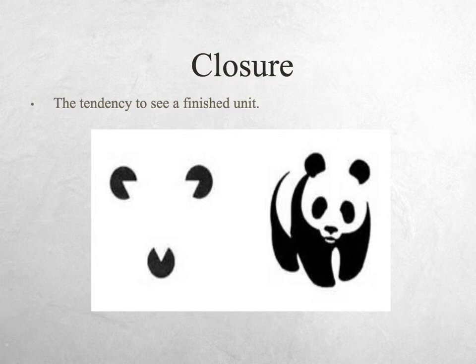Closure. It's a tendency to see a finished unit. So we look at this and we see it. What do you see? I should ask you before I just go ahead and give the answer, and I'll give you a second to think about it. So I see a triangle, okay? Even though it's not closed, okay?